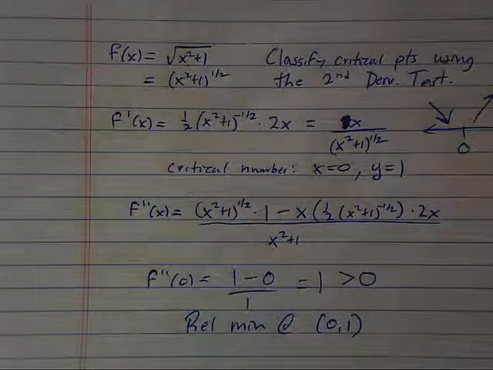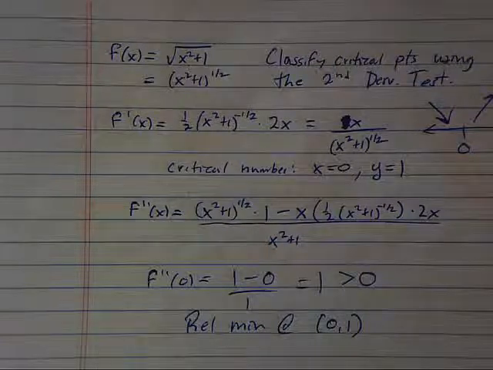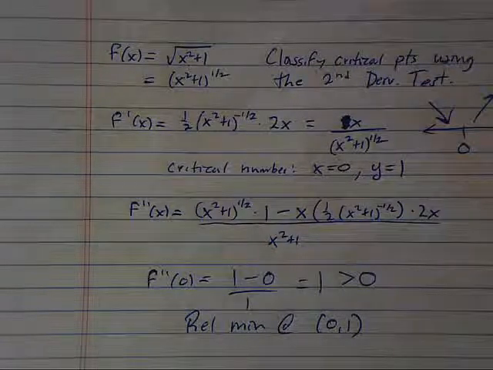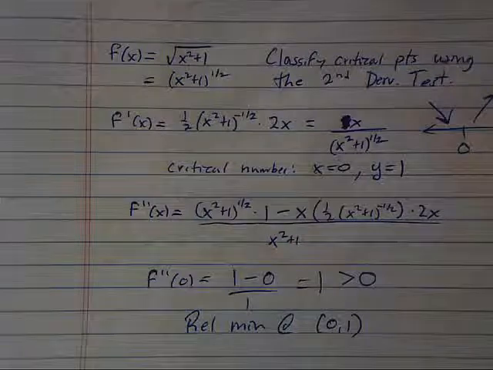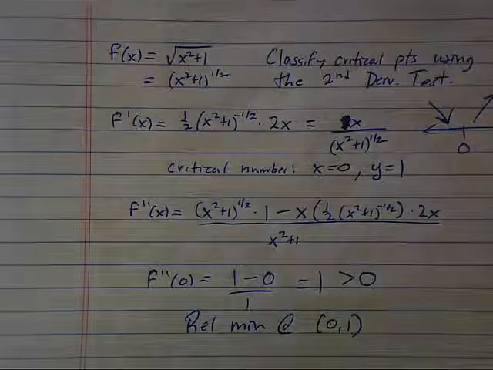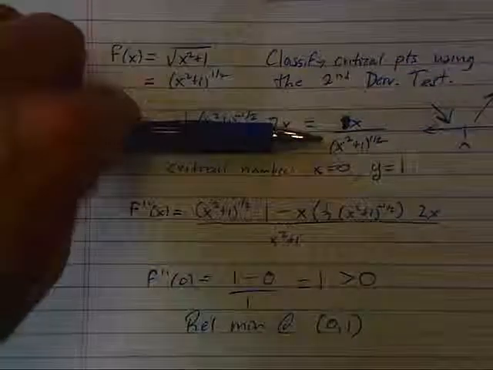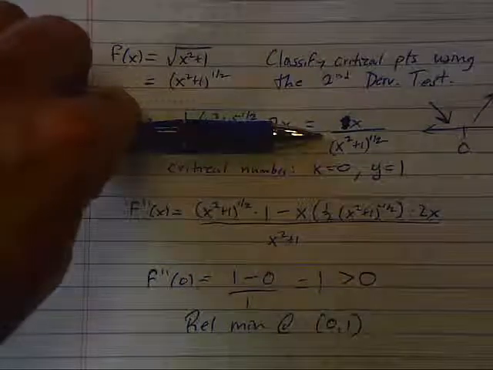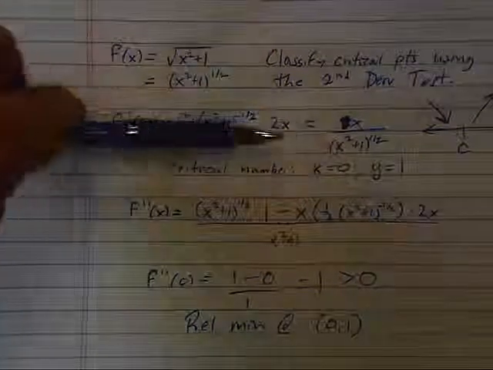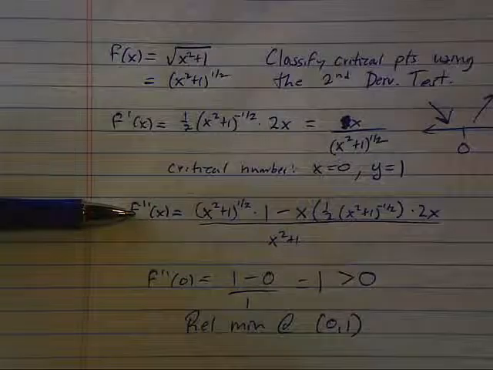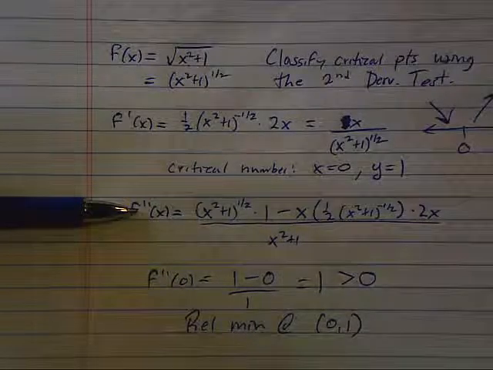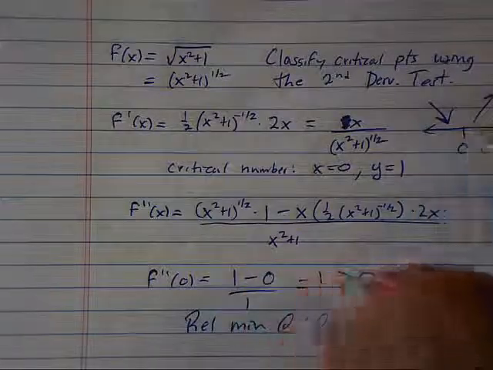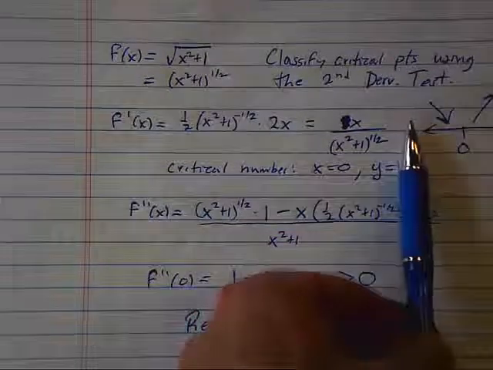The reality is, I only use the second derivative test when I'm doing work on a computer. Because once I find the derivative and set it equal to 0, I can very easily ask Wolfram Alpha, evaluate the second derivative at 0. And it will do it for me. In that case, I then don't have to draw this number line and draw these arrows.